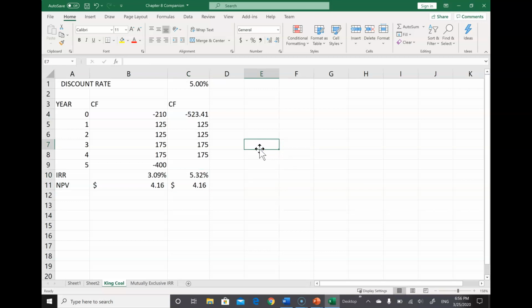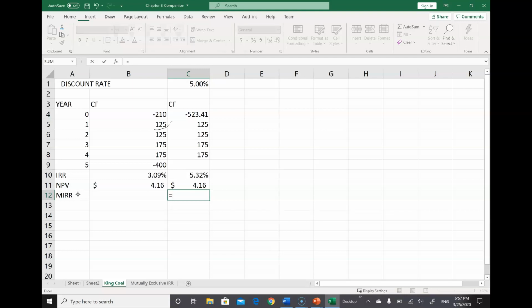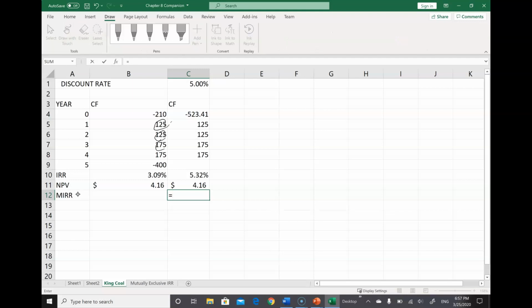Another solution to this problem is to use the modified internal rate of return. One of the problems of the internal rate of return is that there is an implicit assumption that when a company gets a positive cash inflow like this one, the internal rate of return assumes that all these positive cash inflows will be reinvested and earn the same return as the internal rate of return, right?